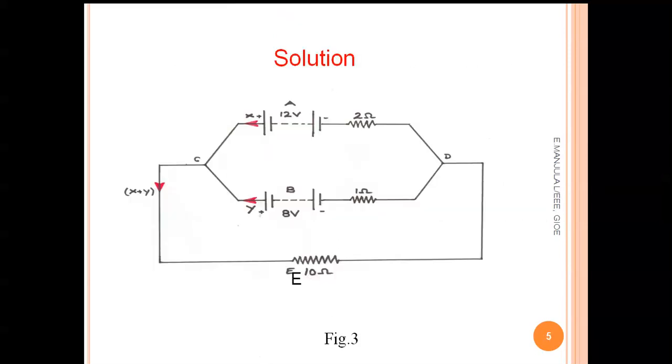So here the diagram is. This is a 12 volts battery and this is an 8 volts battery. A is a 12 volts battery and B is an 8 volts battery. Has a 2 ohms internal resistance, and 1 ohm internal resistance, and this is an external resistance of 10 ohms.